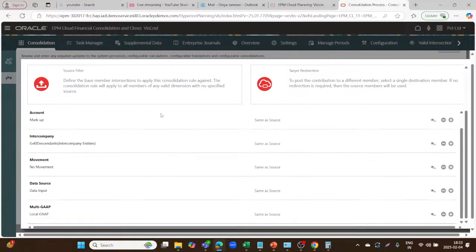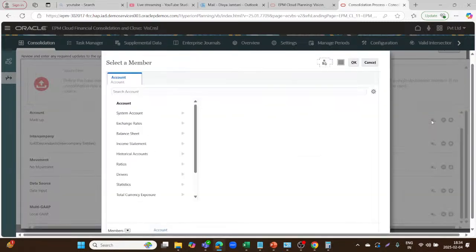So markup account, this is my source account. Now if you want to redirect it to your target redirection, you can pick the same. So if you want the same, it will show you the same as source. Keep it as it is, or otherwise you can change it. Like I want to change it so markup account will be there with my inventory in the target redirection.